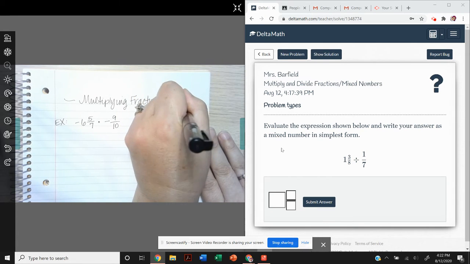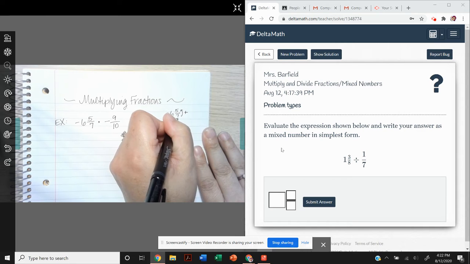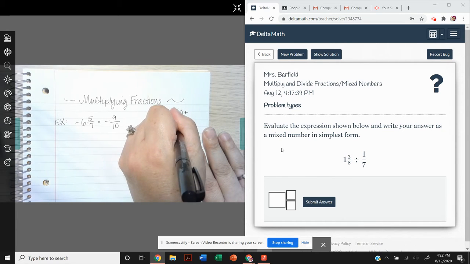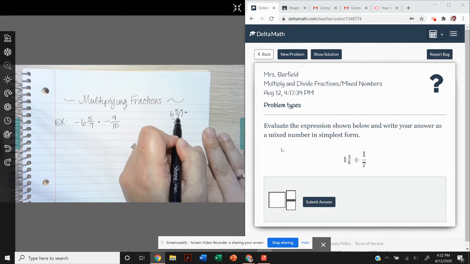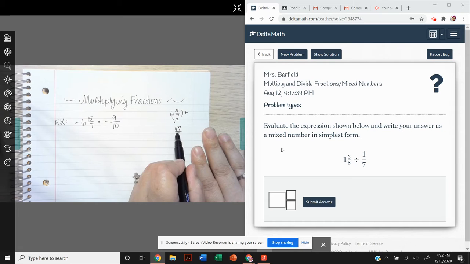And then from here to here, you add. So 6 times 7 is 42, and 42 plus 5 is 47 over 7. So 6 times 7 plus 5. So 42 plus 5 is 47, and then over 7.